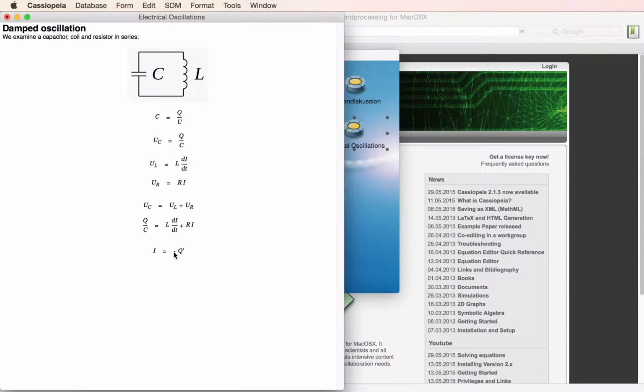If we do that and substitute that into this equation, we get a minus here, and dI over dt becomes the second derivative of Q, and that's the first one. We can put this on the other side.